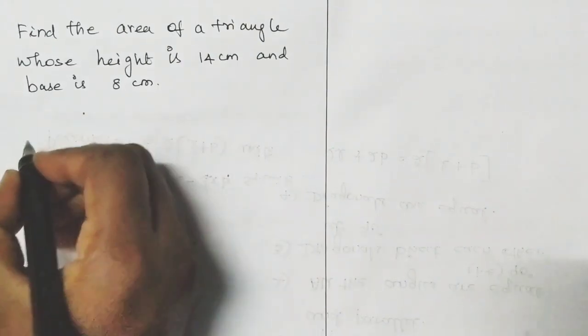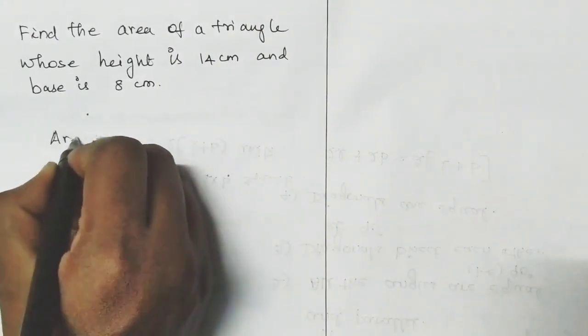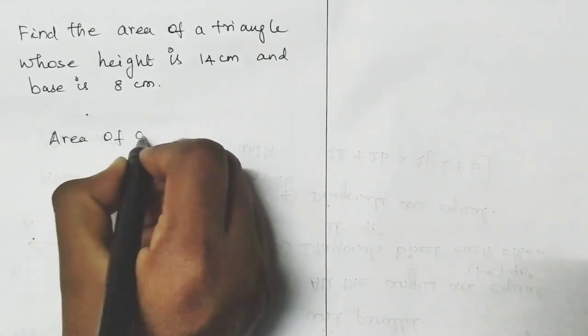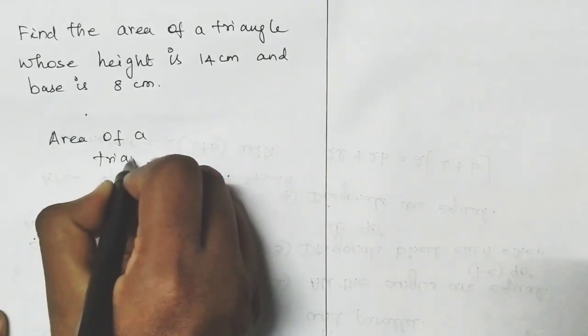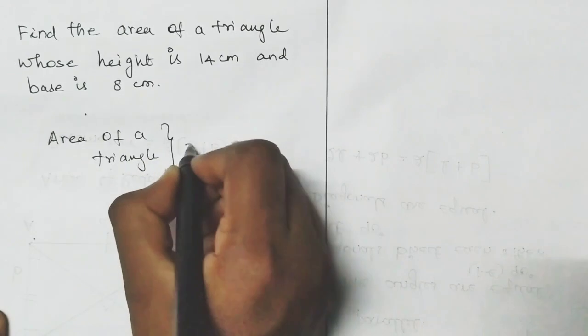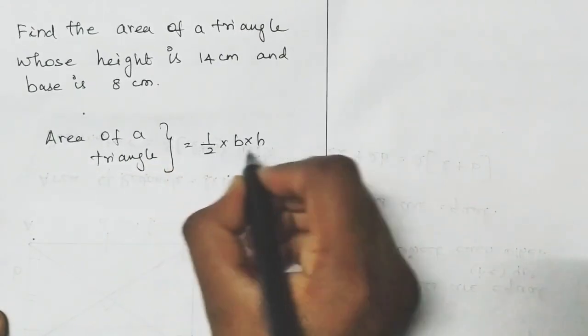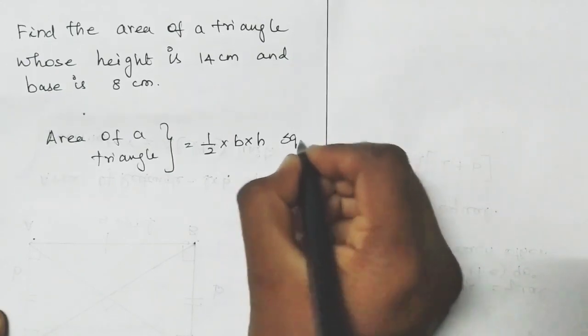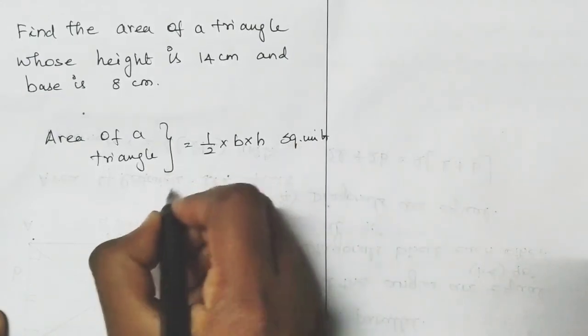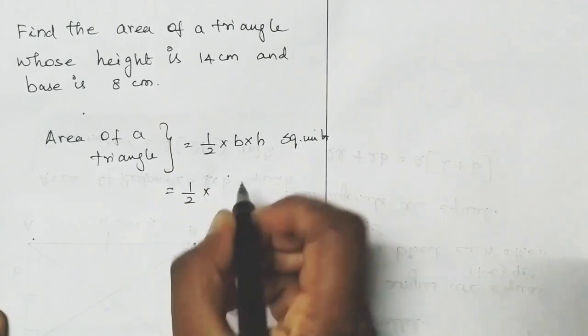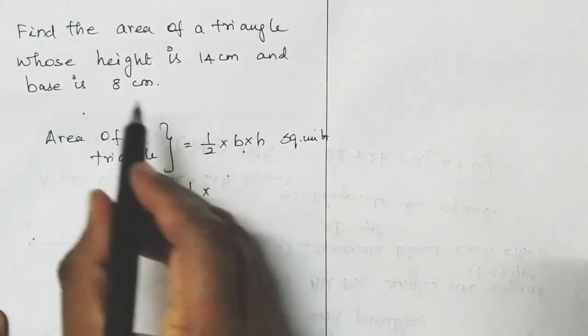We know the formula to calculate area of a triangle. So, area of a triangle is equal to half into base into height, that is half BH square units. Now substitute the values. Half into, what is the base value? Base is 8.